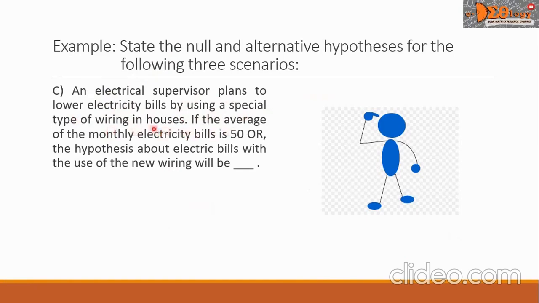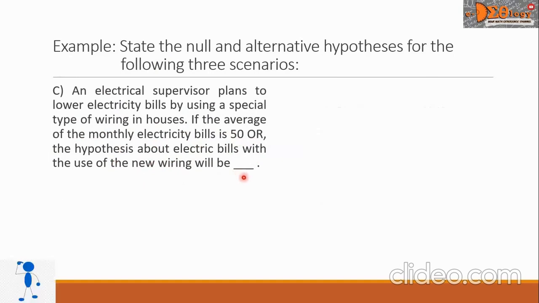If the average of the monthly electricity bills is 50 Omani Riyals, the hypothesis about electric bills with the use of the new wiring will be blank. Let us write the null hypothesis first. That is H sub 0 colon mu equals 50 Omani Riyal.